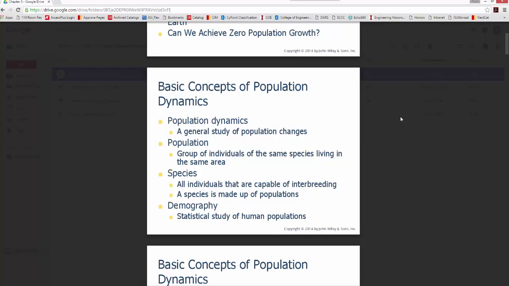For instance, we'll really focus on the human species living in a particular area. And then species itself, all individuals that are capable of reproducing. A species is made up of populations. We could talk about different types of species, but for this chapter we'll focus on human population. Demography is basically the study of human populations.